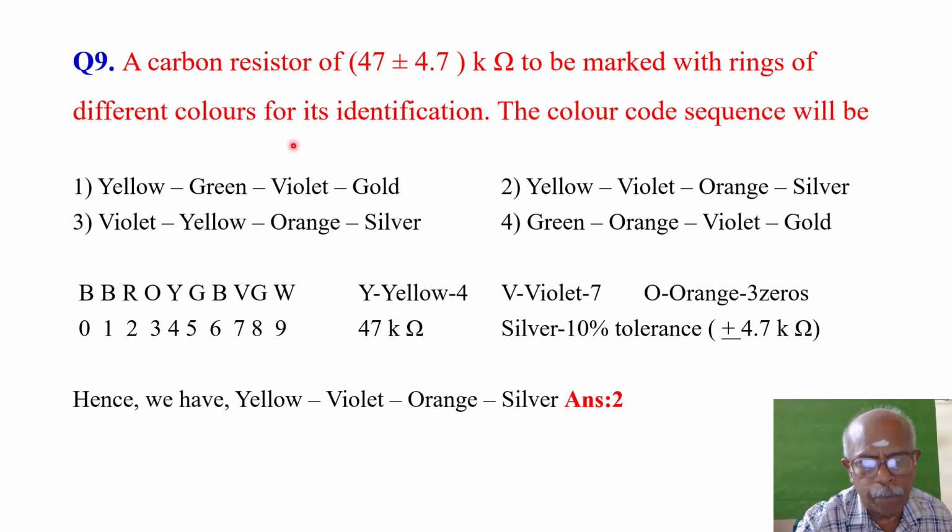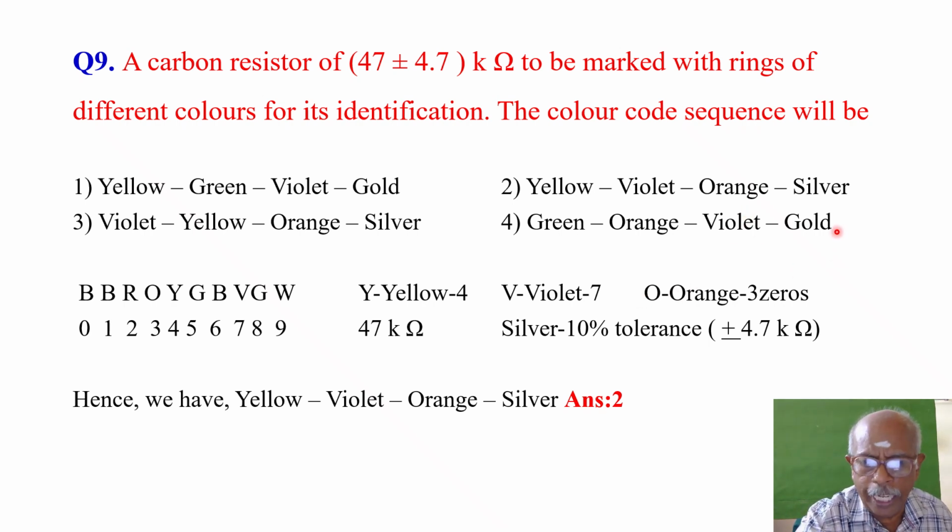The color code sequence will be, you are given 4 options: Option 1, yellow, green, violet, gold. Option 2, yellow, violet, orange, silver. Option 3, violet, yellow, orange, silver. Option 4, green, orange, violet, gold. Okay, so which is the right answer?